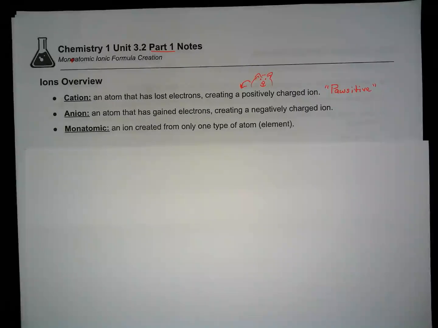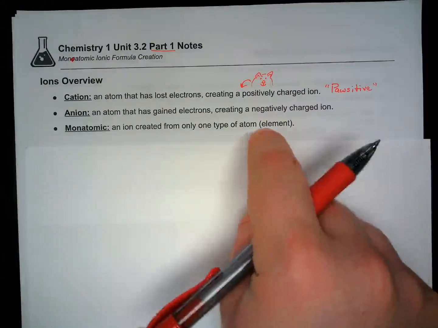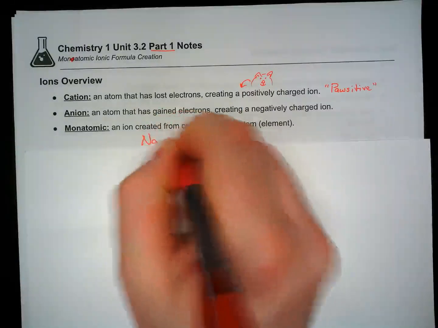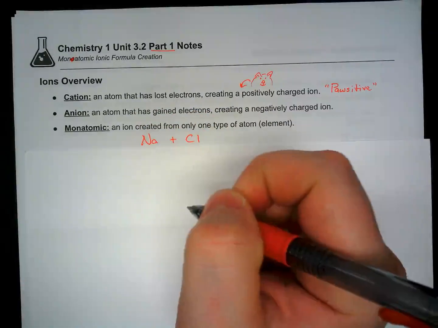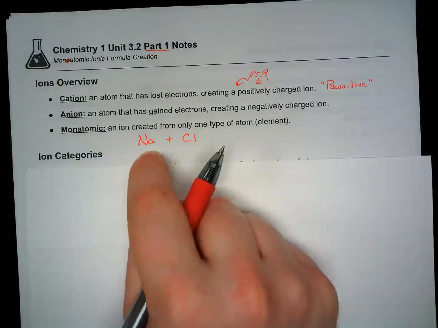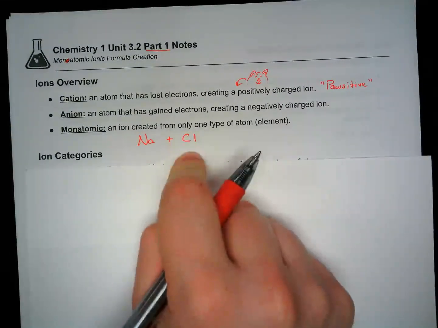We have to understand that because we're going to be getting into monatomic ions and polyatomic ions. Monatomic just means like this: our sodium plus our chlorine, mono meaning one. We've got one element here, one element here.